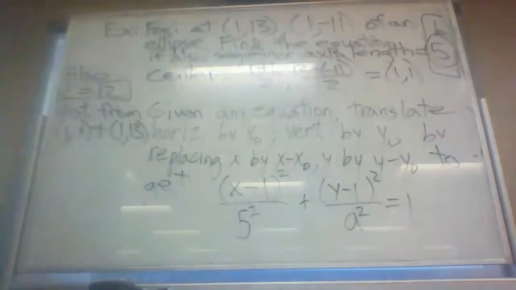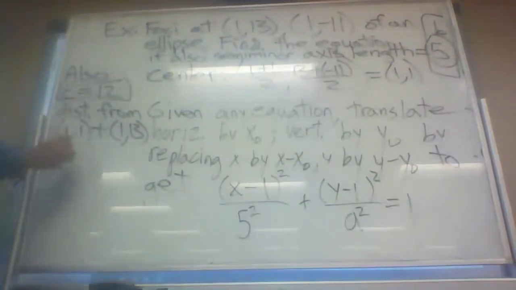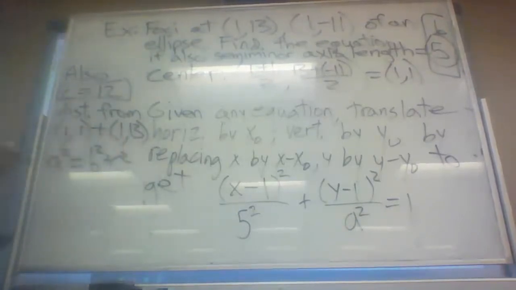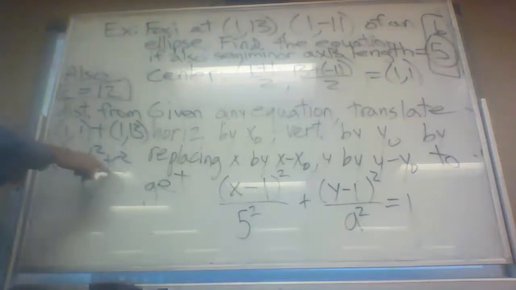I can't replace A yet. I've got C equals 12, I can find the foci. I've got B equals 5, I can find the semi-minor axis length. How do I get A? Yeah, it's Pythagorean theorem except with A under here. A squared equals B squared plus C squared. Don't worry, C squared equals A squared plus B squared comes in with the hyperbola.